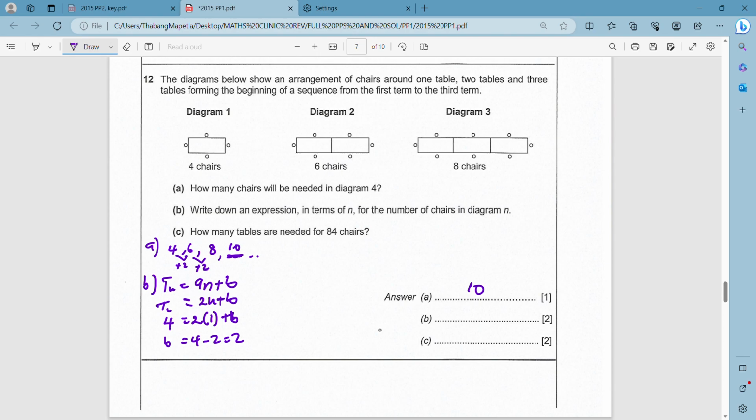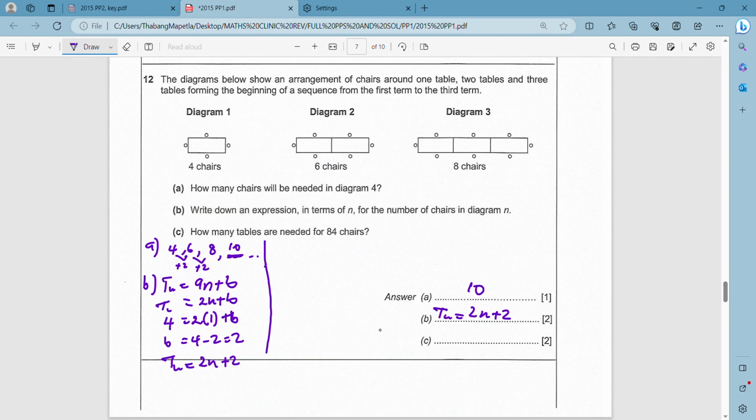Therefore, Tn is equal to 2n plus 2. It's this expression. Okay, but still it's fine as an equation. So this is it for number B. Then you bank your 2 marks.